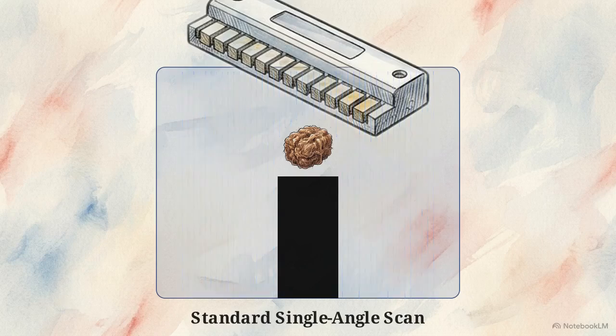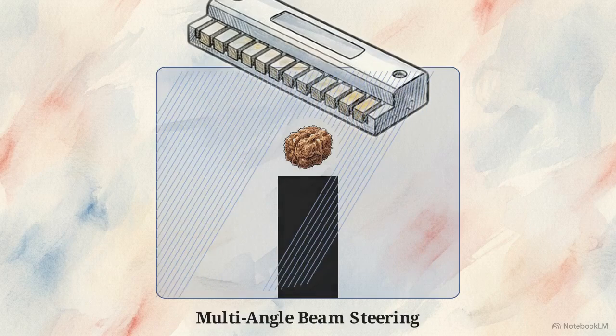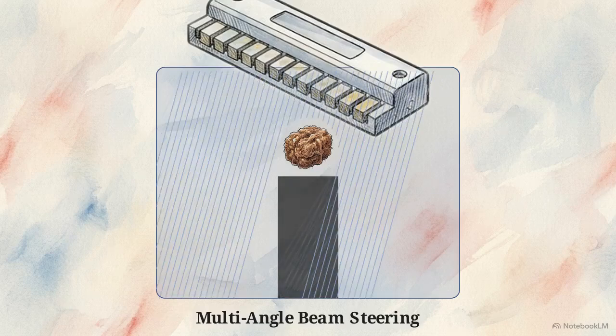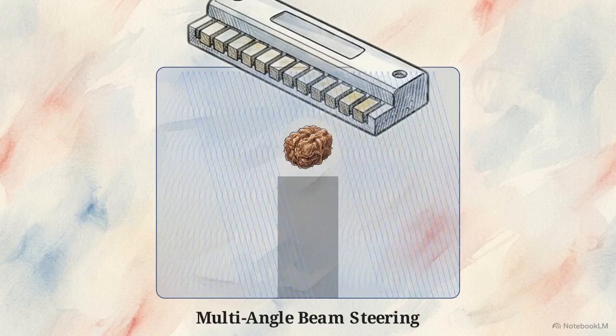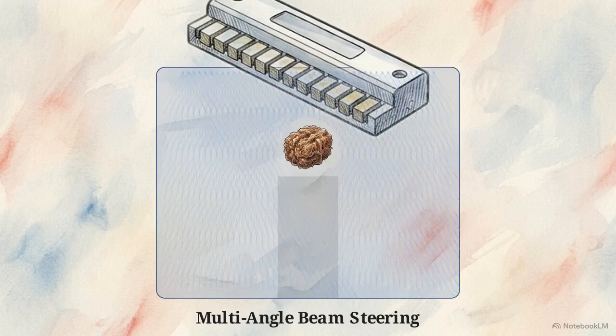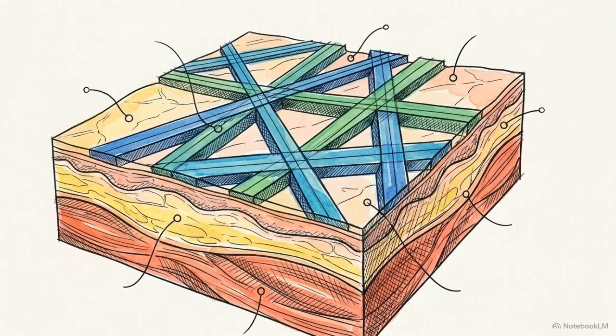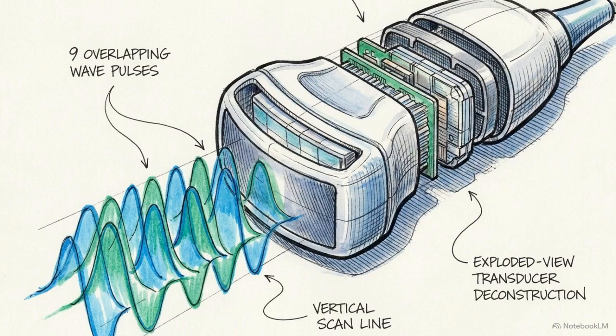The transducer electronically fires pulses at up to 9 intersecting angles per sweep. These highly angled beams physically reach behind the obscuring object, returning echoes from previously hidden regions and dissolving the acoustic shadow. This technique is optimal when examining superficial structures and small parts, where achieving wide intersecting acoustic angles is geometrically possible.